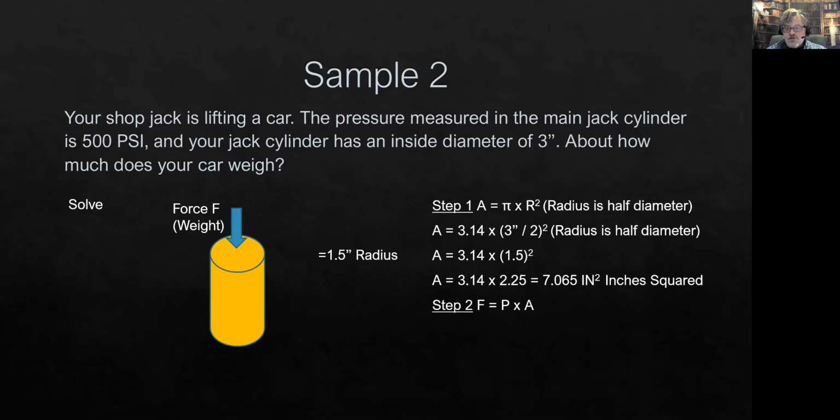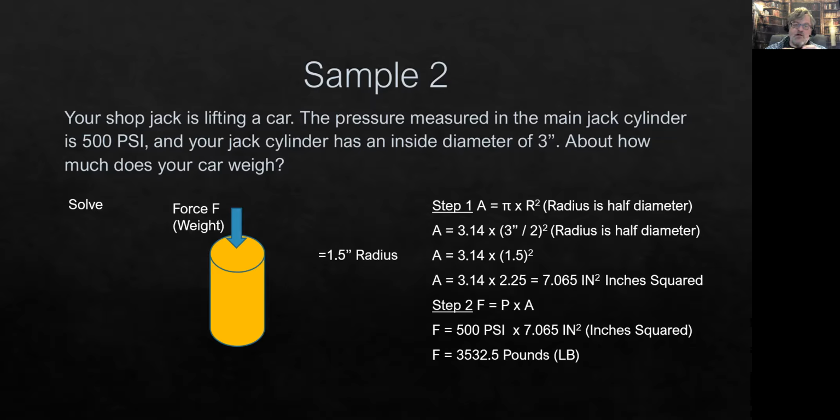Step 2 is force equals pressure times the area. Now I've got my area, I can plug it straight in there, and I've got my pressure from earlier, which is 500 psi, and I can plug that straight in there. And my answer, the force, the weight of that car, is 3,532.5 pounds.